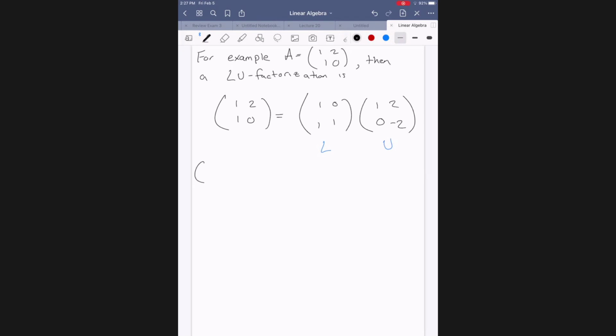So now let's pose this question. Why go to all the trouble of writing our matrix like this, right? It's like, well, why in the world would you ever want to do this?